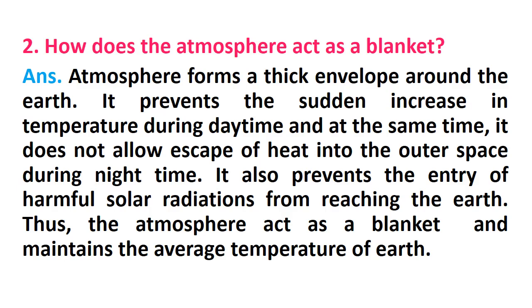Right? It also prevents the entry of harmful solar radiations from reaching the earth. Thus, the atmosphere acts as a blanket and it maintains the average temperature of the earth.